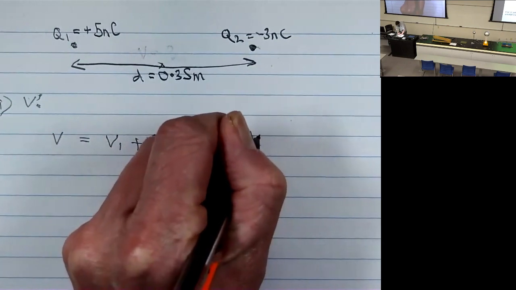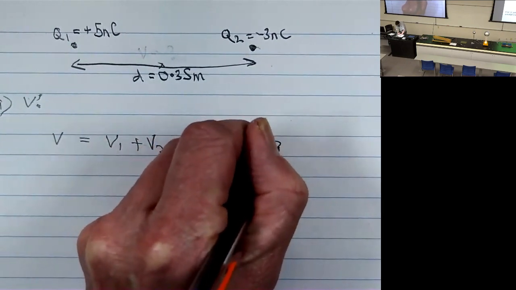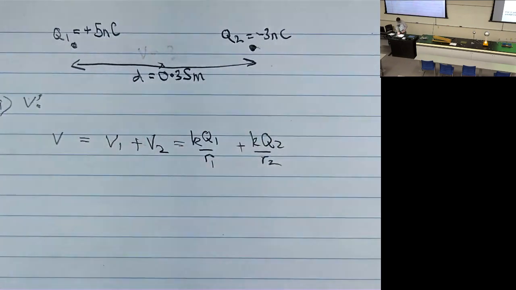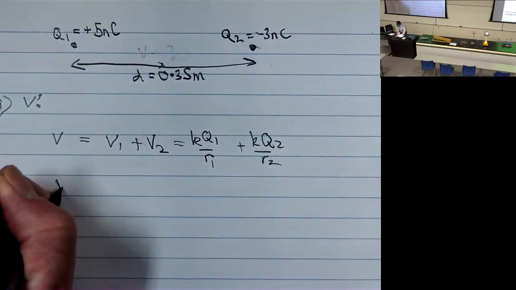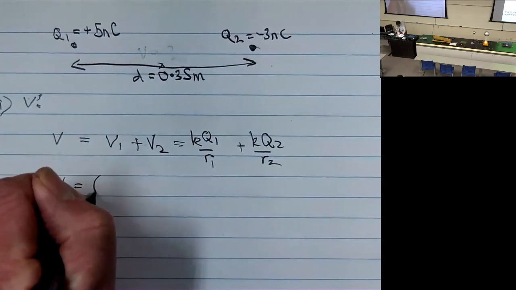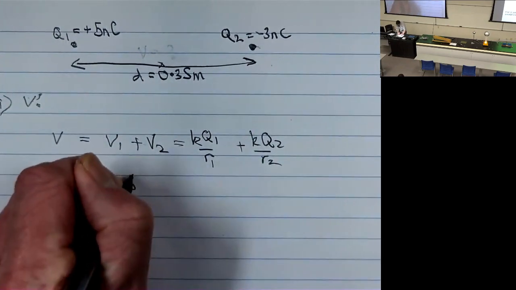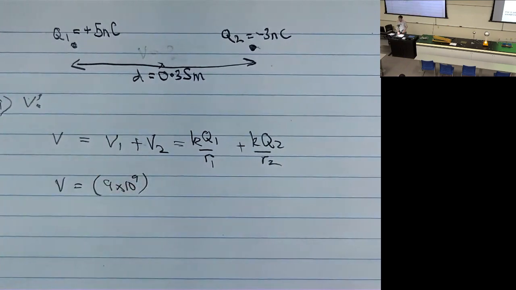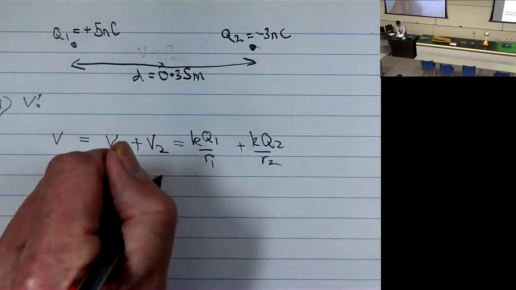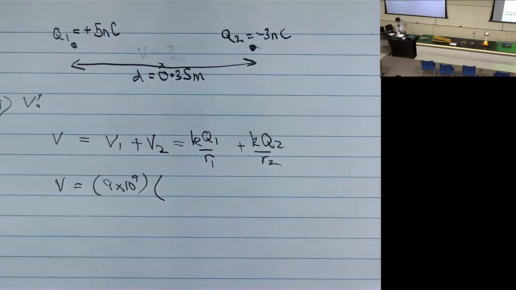That's k Q2 over r2. So I've just got to add those together. And if I do the sum, I'm going to pull out a factor of k that's a common factor. So that's 9 times 10 to the 9. I'm going to not write down the units because that's naughty. Don't do this on an exam, but I am panicked because I'm running out of time. So I'm going to ignore the units for now. I'll come back to them at the end.